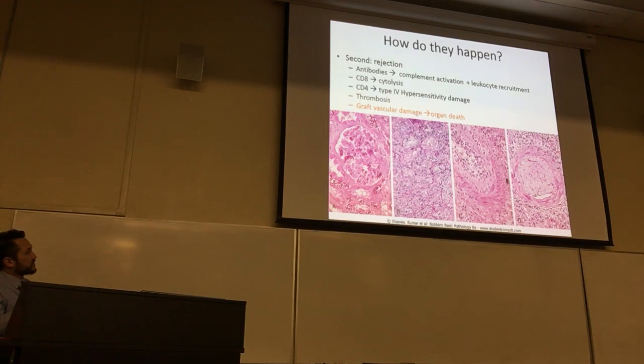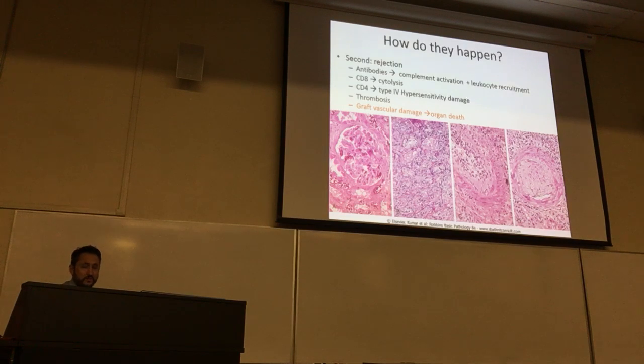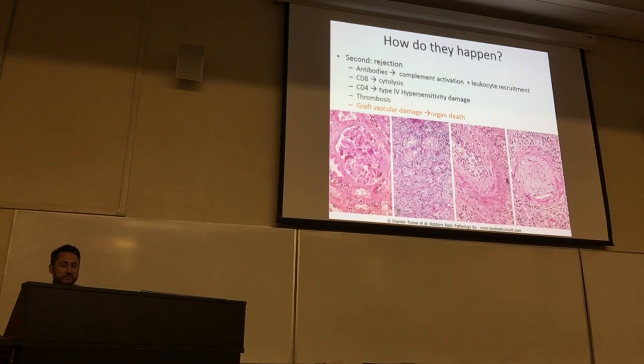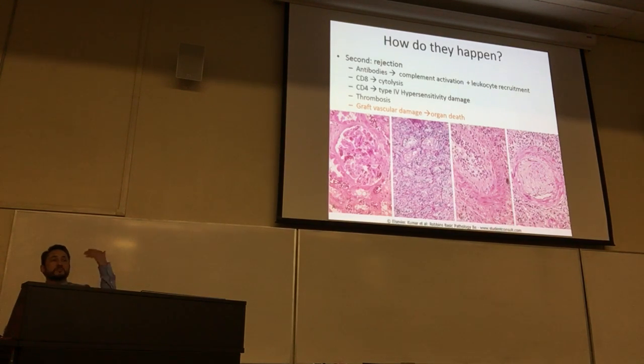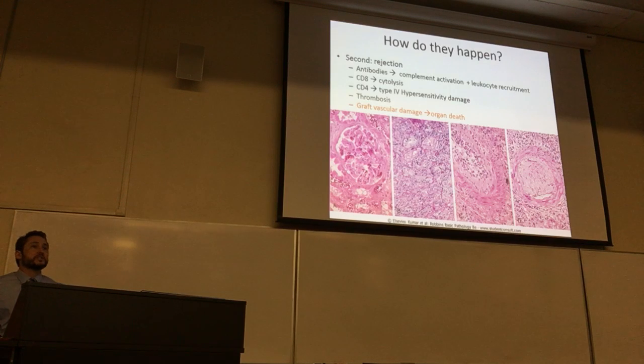And then in panel D, the far right, you've got graft arteriosclerosis. So the vascular lumen, this is a blood vessel right here. You see this blood vessel? This is the lumen, that little white area. This whole area should be white. But all of this in the blood vessel is the vasculitis that's building up as a result of this rejection response, and now you're going to lose the organ.